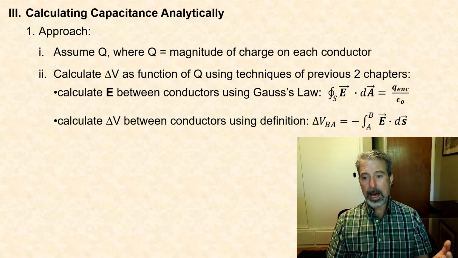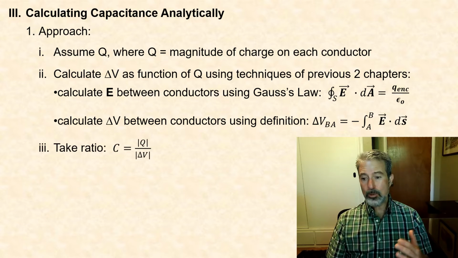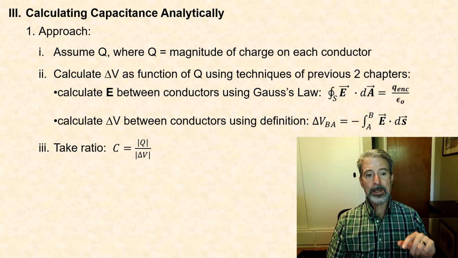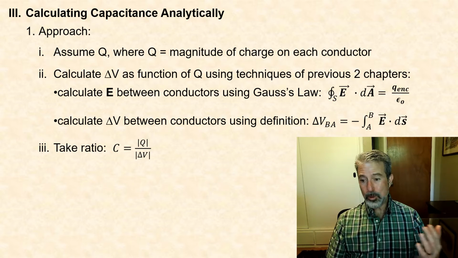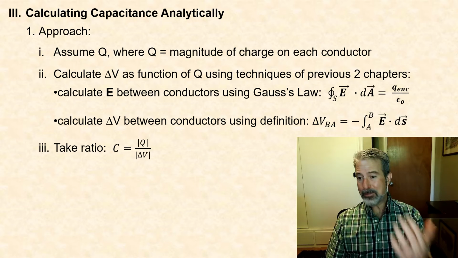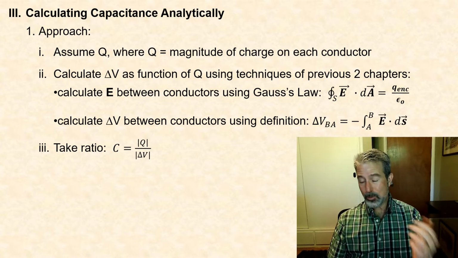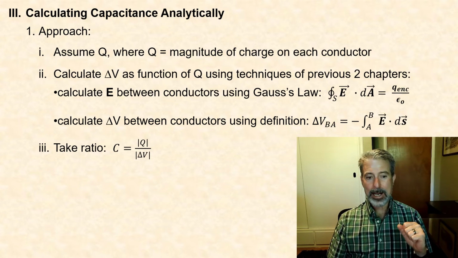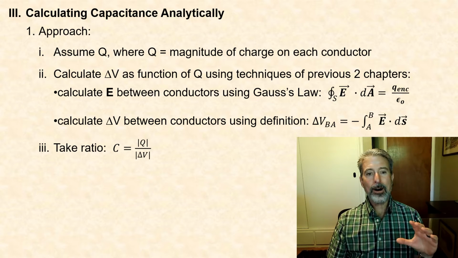And once we have an expression for the electric potential difference in terms of Q, you will see that by taking the ratio using our definition of capacitance, the Q's will cancel out, and we should be left with just these other factors that will tell us something about the capacitance. So this is the approach that we're going to take here.